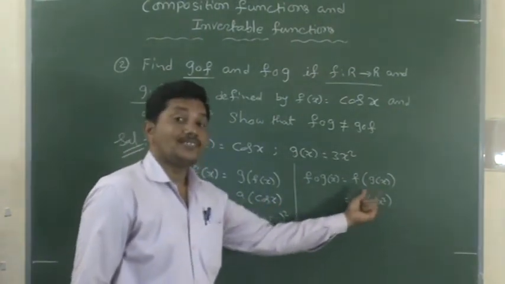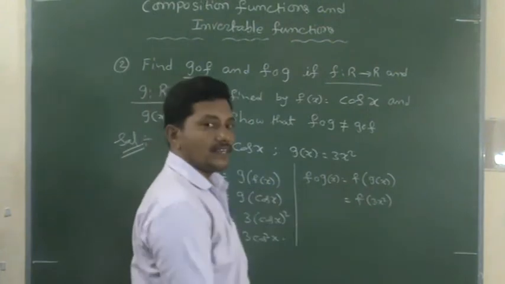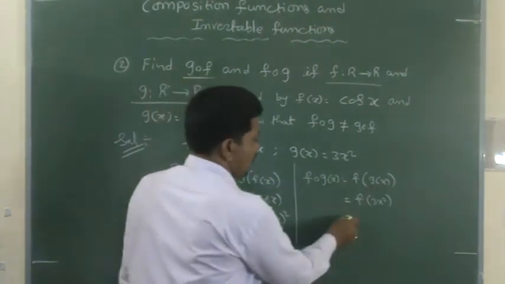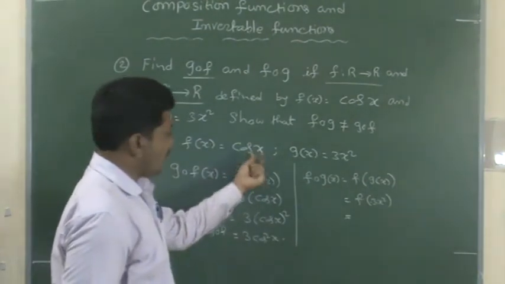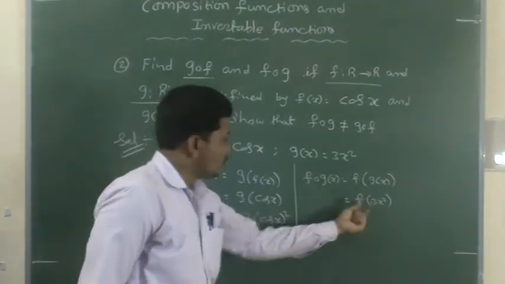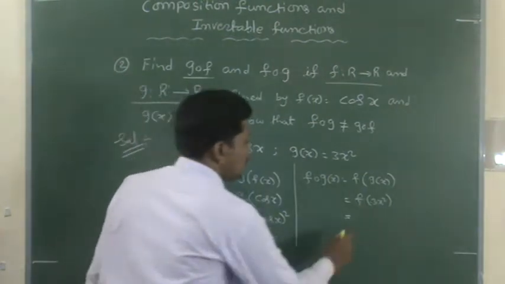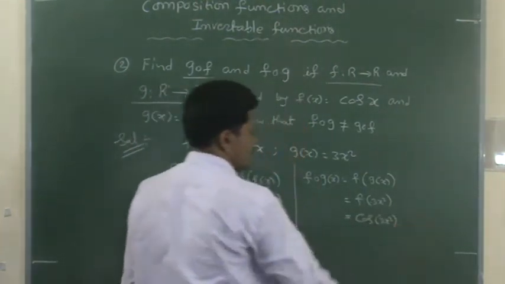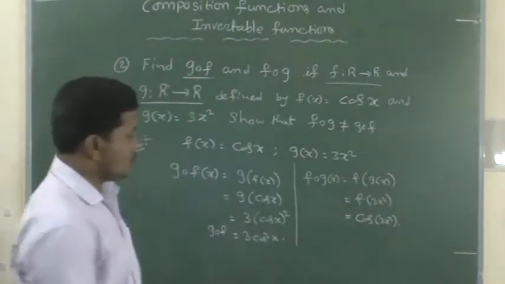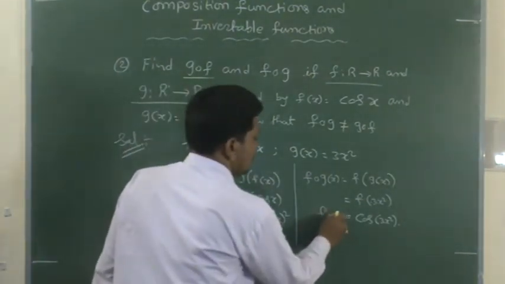Here f of 3x square. Why? Because g of x I defined firstly. Now after that, what is f of 3x square? Here f of x is cos x, right? In place of x, here 3x square is there. So replace that one. So cos 3x square.